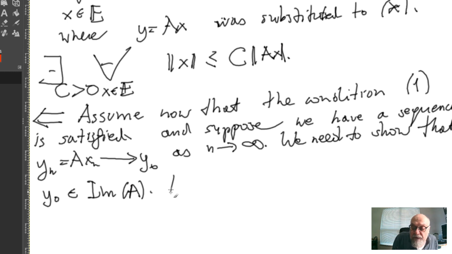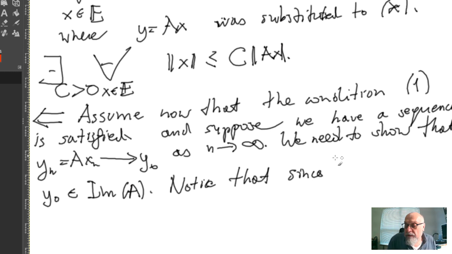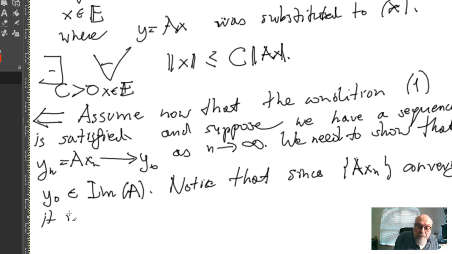However, notice that since the sequence A of x_n converges, it is a Cauchy sequence.